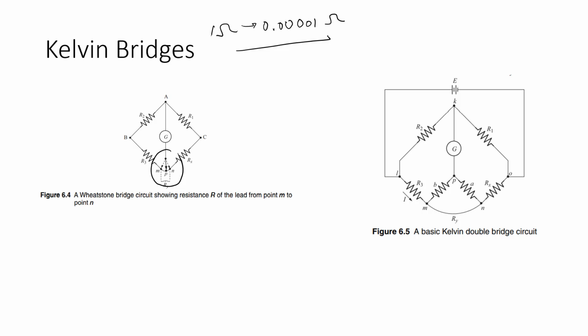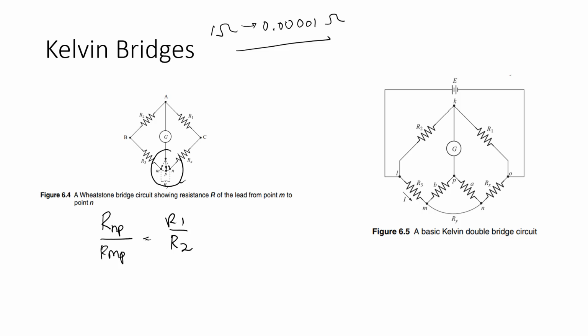If we have a very small r from point M to N, we have to use the mathematical equations: the resistance between N and P per the resistance between M and P is equal to R1 over R2.